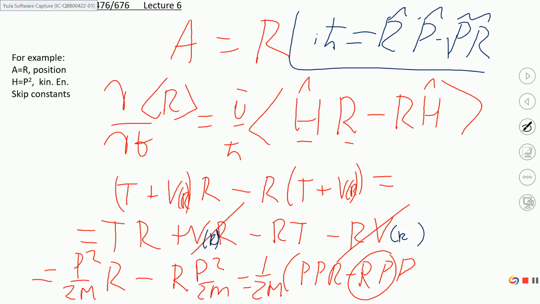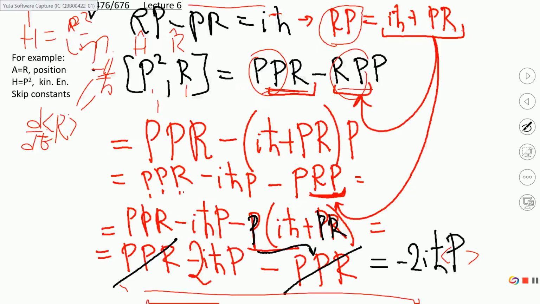And if we apply it, then PR and RP will be replaced by Planck constant, and we will have the momentum. So the time derivative of the expectation value of position equals Planck constant times the expectation value of momentum.